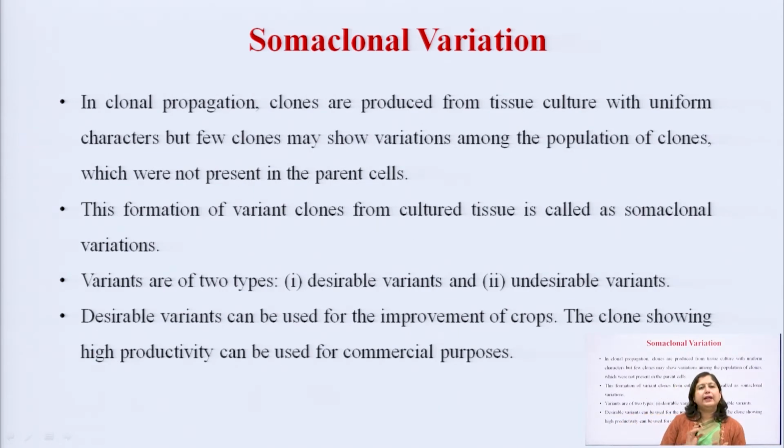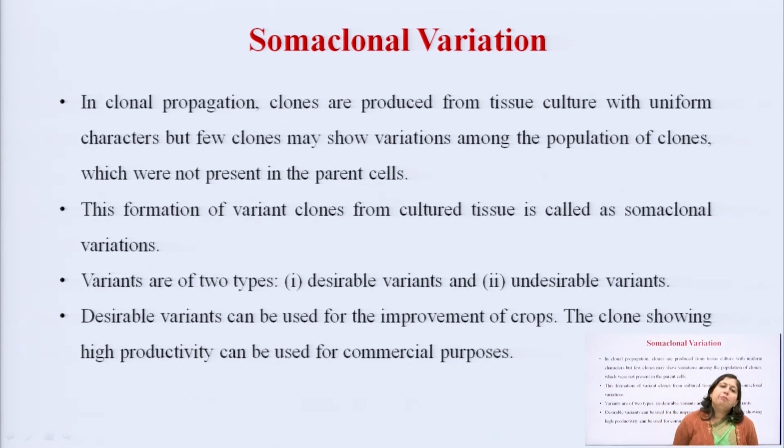Now, an extension to this clonal propagation is somaclonal variation. What happens is that when we are doing cloning, there is asexual reproduction. So, the younger ones which are formed should have the same genetic makeup as the parent plant. There should not be any variation.